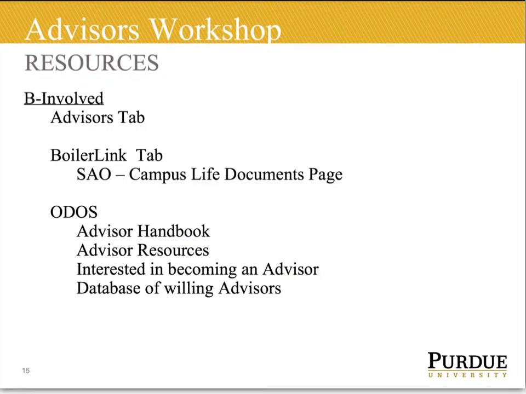Next, I would like to talk to you just about the resources that you have as advisors. We are really excited that as SAO we have launched our new website, which is purdue.edu/be-involved. And if you go to that website, you will see that right in the middle there are 3 blocks, and the far right-hand block is an advisor tab.